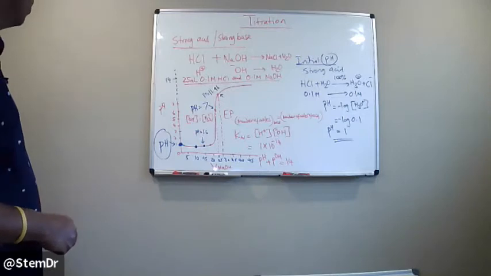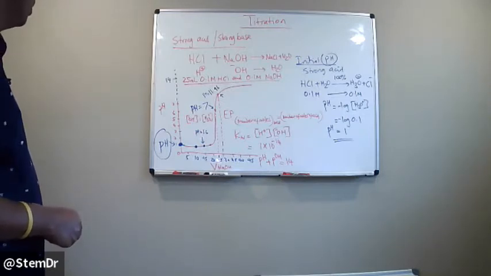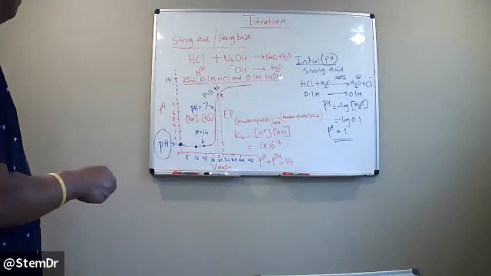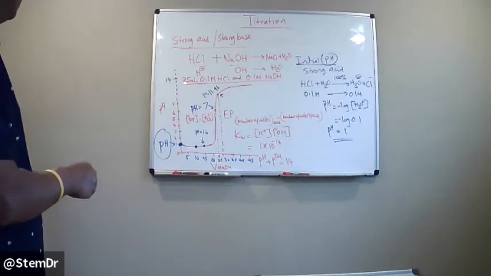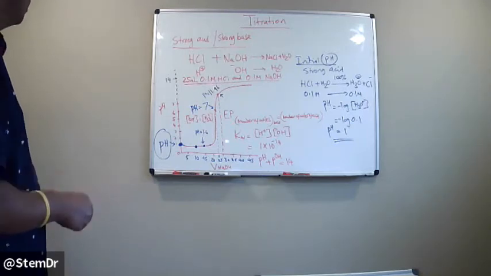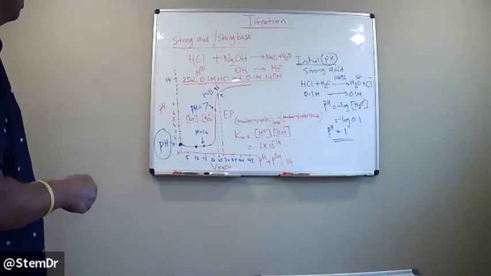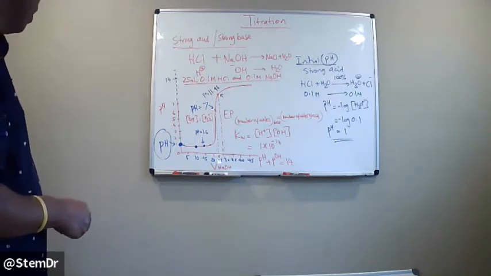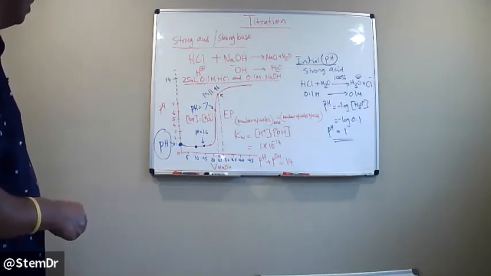Another concept: once you have added an equal amount of moles, 25 ml by 0.1 molar to 25 ml by 0.1 molar hydrochloric acid, that is the equivalence point. What happens beyond the equivalence point? For example, what is the pH after 30 ml is added?